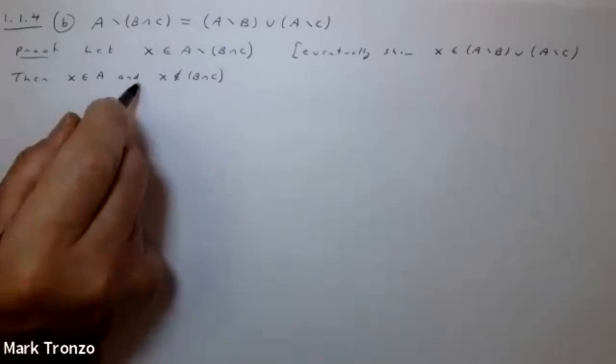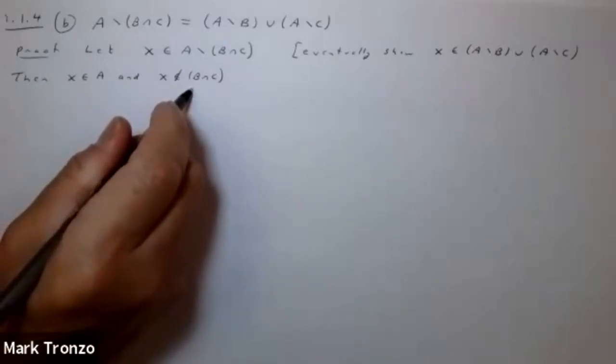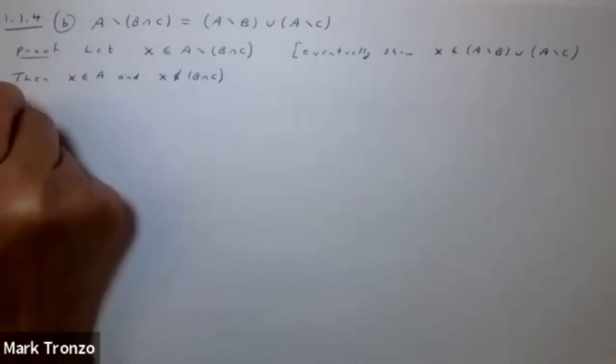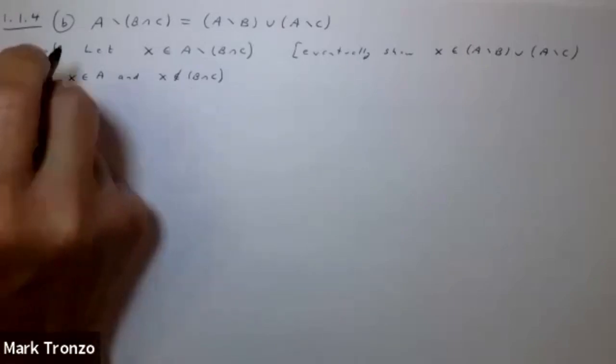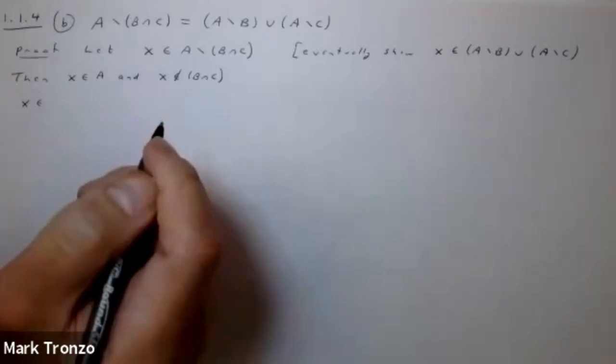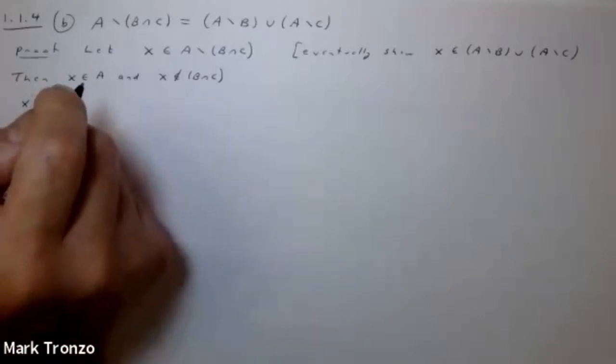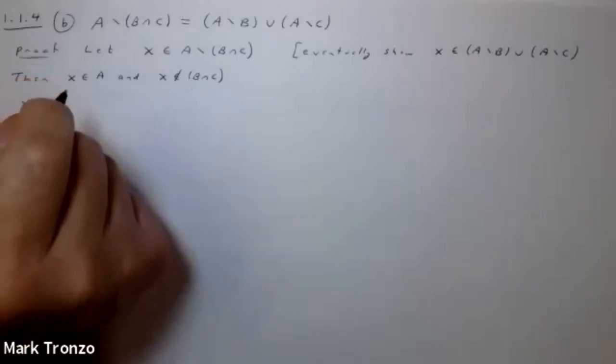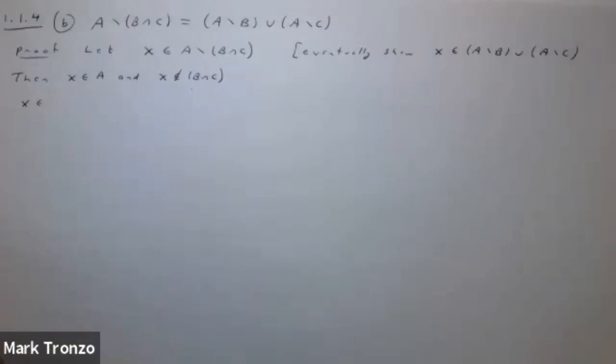So X is in A and it's not in this. So that means, let's see, maybe it did the, yeah, so X is in B and not in B intersection C.